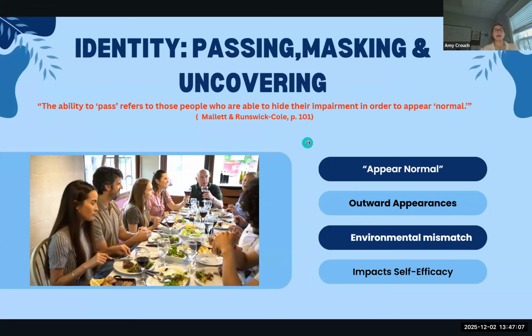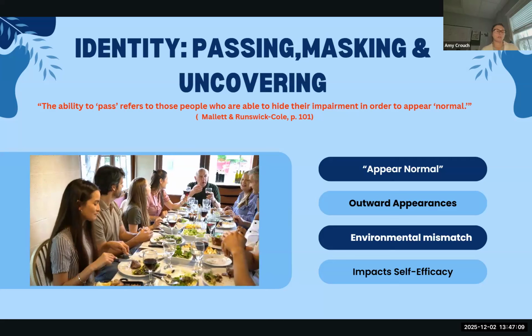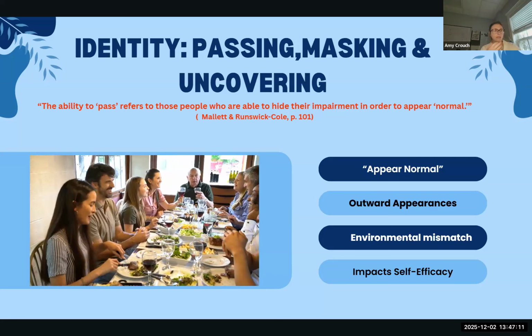This idea of masking goes into the discussion we saw in the Evans video, which I'll refer to a bit, and also the article from Mallett and Runswick-Cole, about this ability to pass. They say the ability to pass refers to people who are able to hide their impairment in order to be normal.